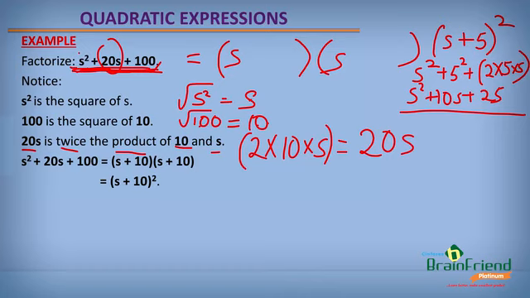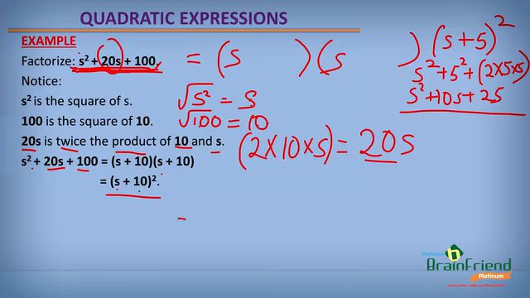So if this is established, we can say that s squared plus 20s plus 100 is equal to s plus 10 times s plus 10, and this is equal to s plus 10 all squared. So to factorize s squared plus 20s plus 100 is s plus 10 all squared.